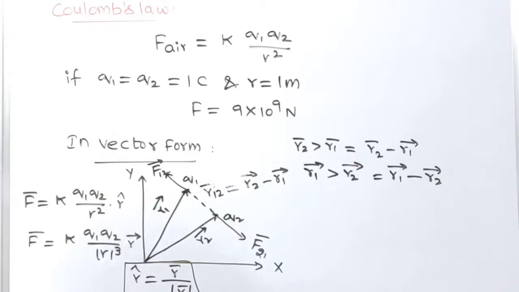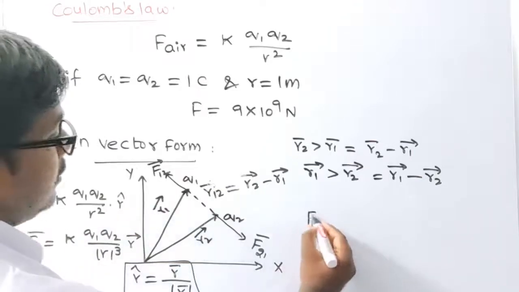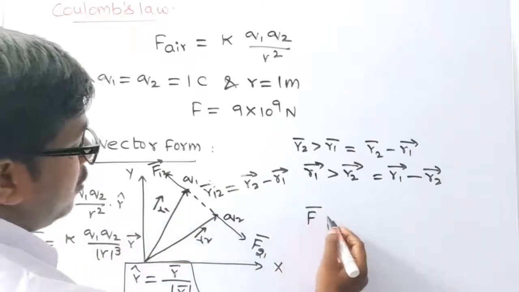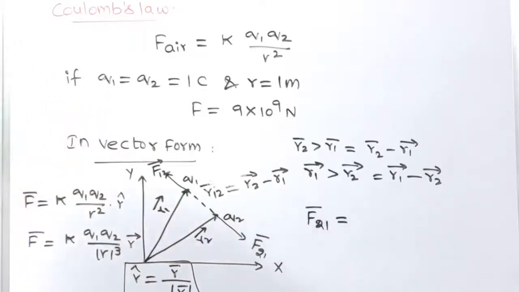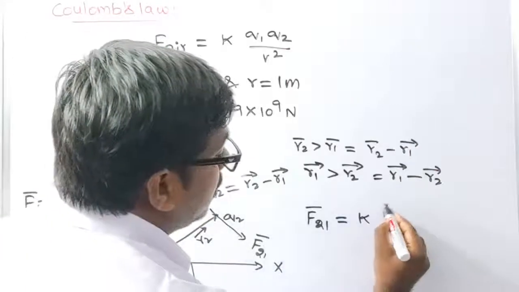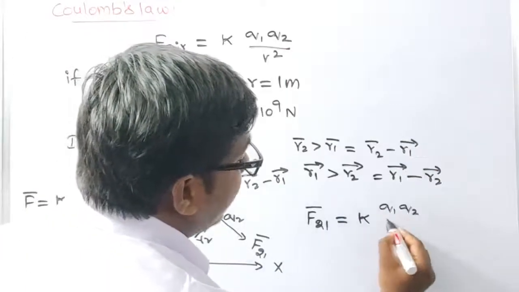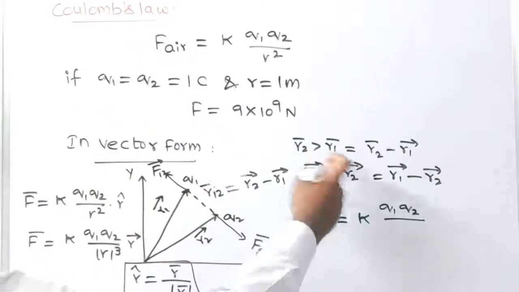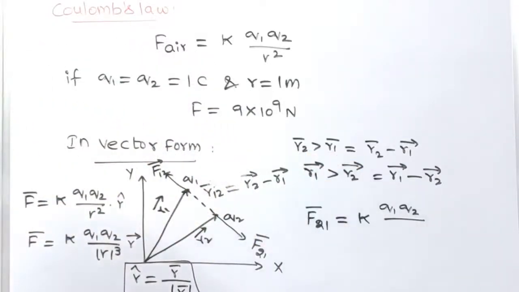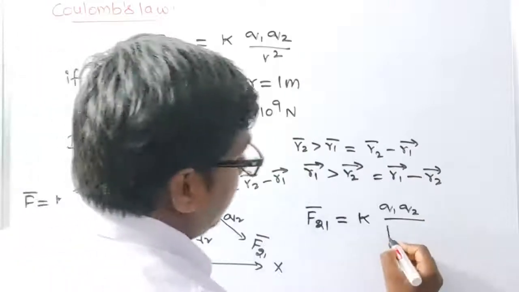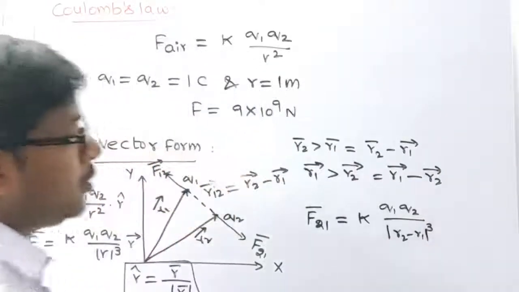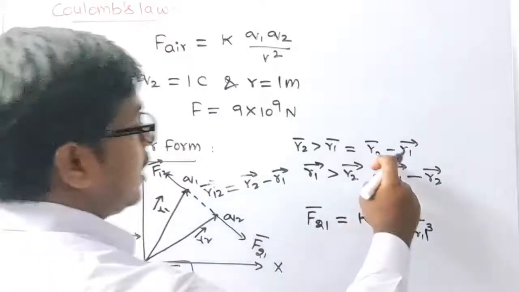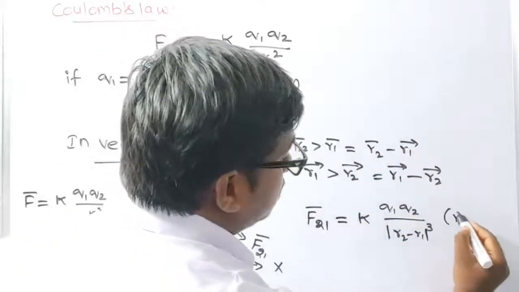The force on the second body due to the first body, F21, is equal to k into q1 q2 by mod of r2 minus r1 whole cube into r2 bar minus r1 bar.